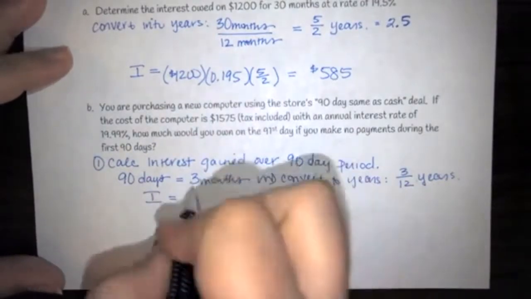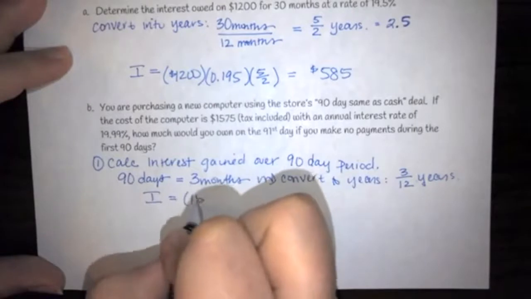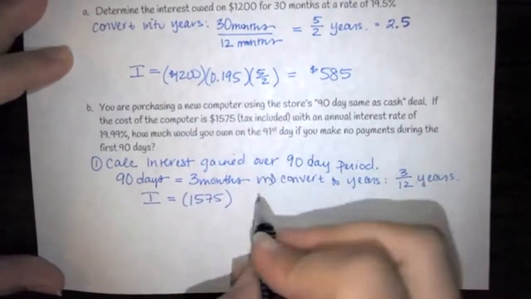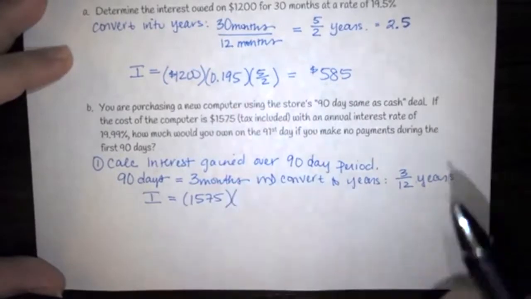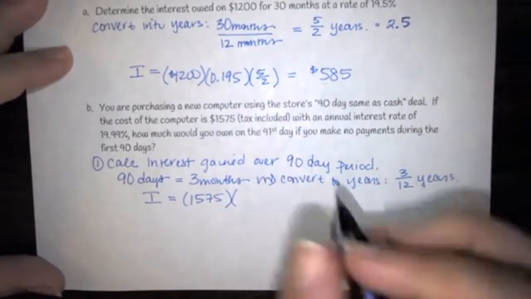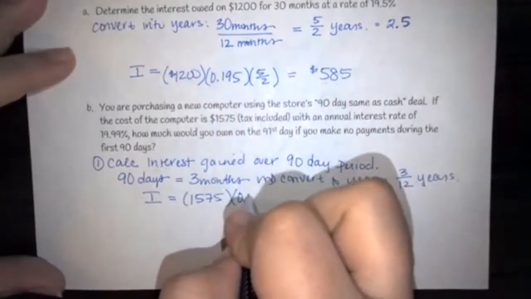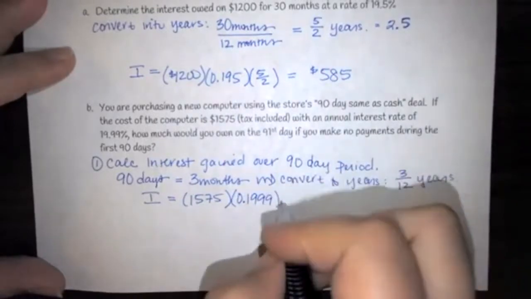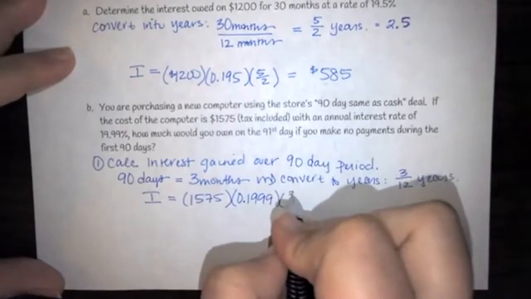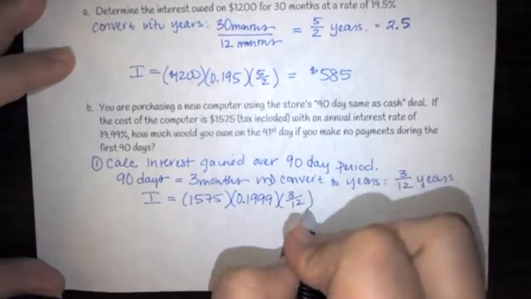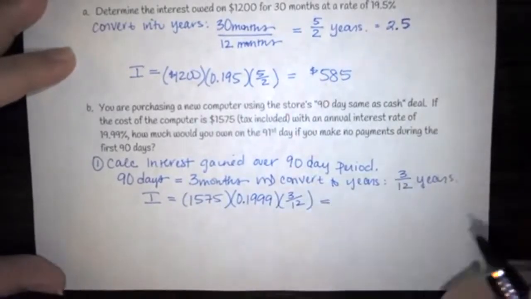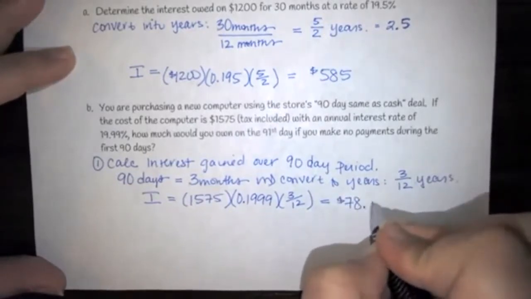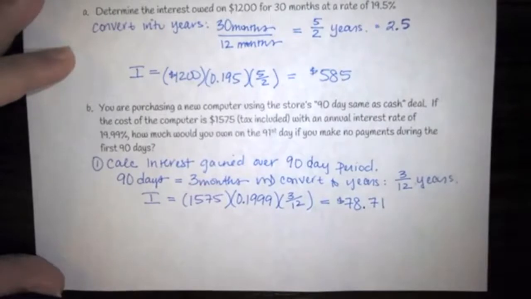So the interest is going to be that $1,575 that I have times my rate. So 19.99% is the same as 0.1999 times my years, which was 3 over 12, is going to give me an interest of $78.71.